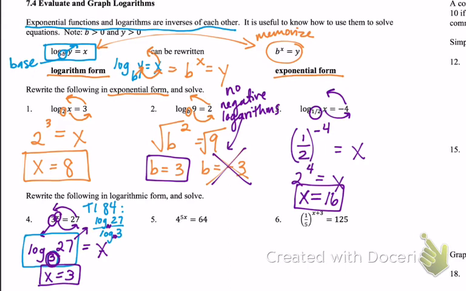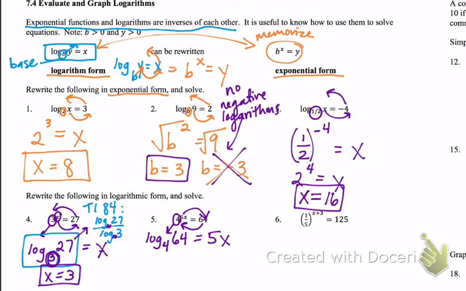Number 5, if I were to rewrite this in logarithmic form, the 4 goes to the base. So the 4 becomes my base, so it will be log base 4. 64 comes to the left. This moves to the right, equals 5x.